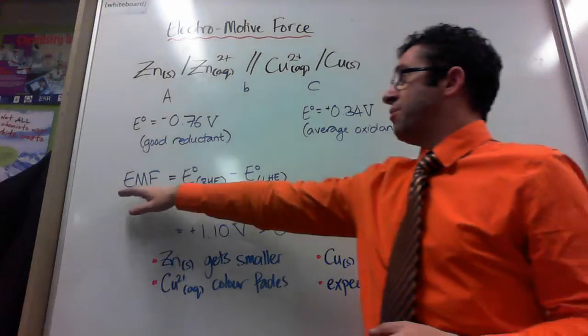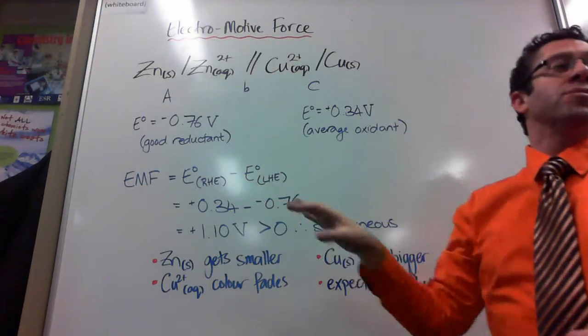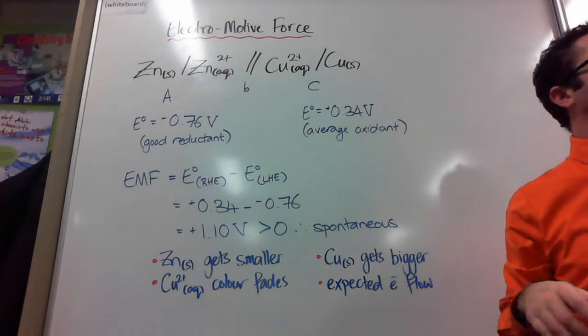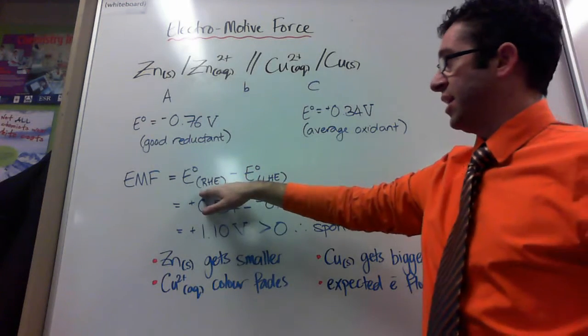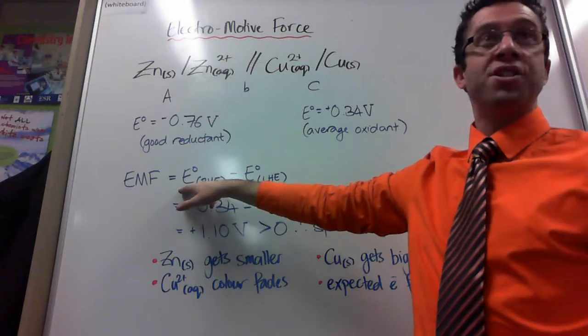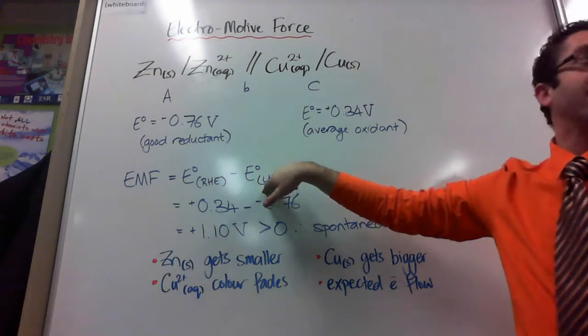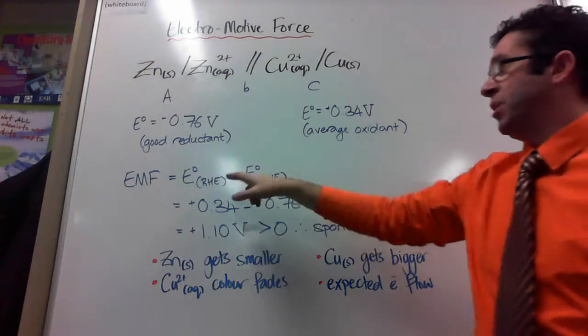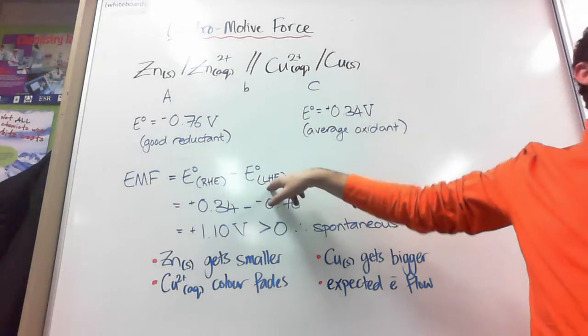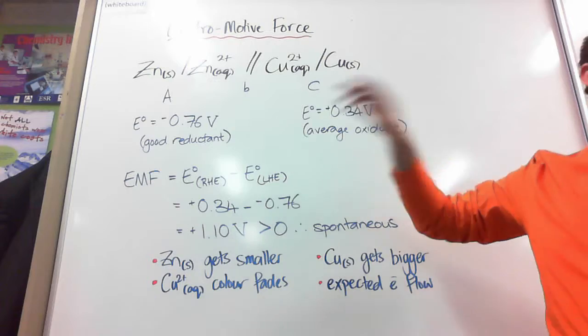To find the electromotive force of the cell, or the standard electrode potential for the cell, I take the right-hand electrode's electrode potential, or reduction potential, minus the left-hand electrode. The subscripts RHE and LHE mean right-hand electrode and left-hand electrode respectively, so you might see those in books.